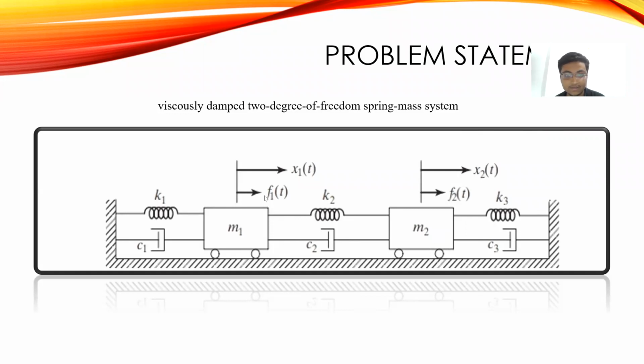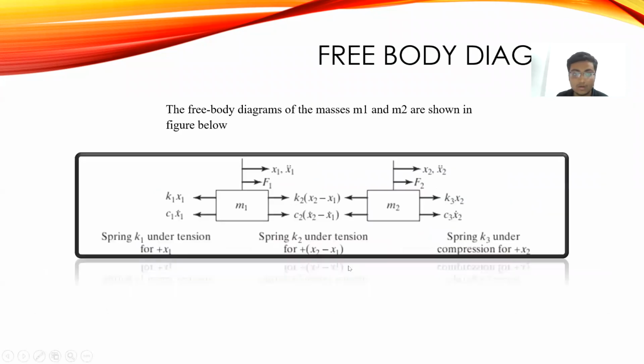along right hand side, and the forces applied on these masses are F1 and F2. So we first draw the free body diagrams of the corresponding masses, from which, using Newton's laws of motion, we will get the equations of motion.